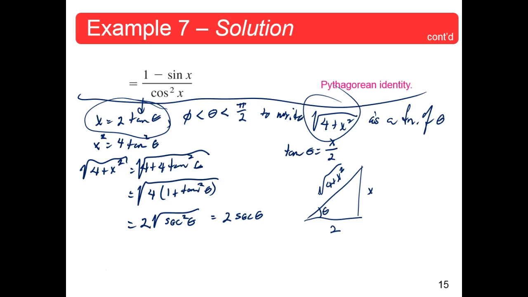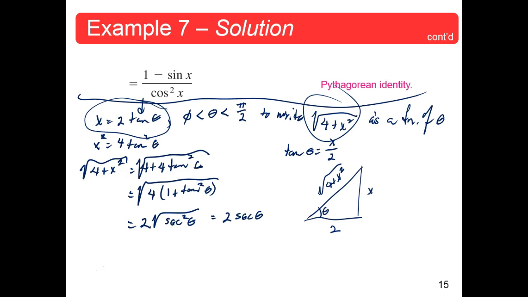And then if you think about this, what is secant theta? 1 over cosine. Okay, that's in the unit circle. Secant would be hypotenuse over adjacent. That's it.